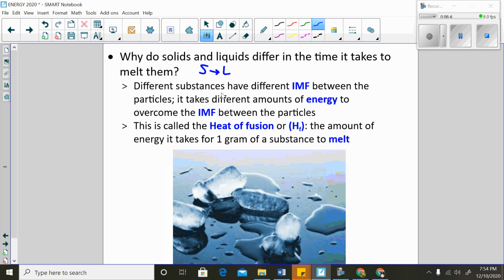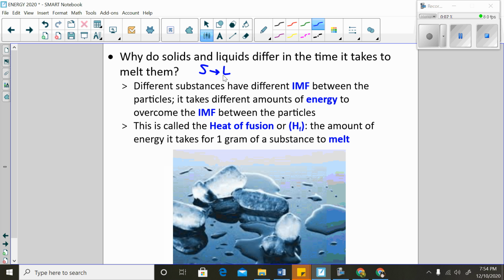Solids are different from liquids, and then there's different types of liquids, different types of solids. And if you remember, the forces were the dipole, the London, and the hydrogen bond. So it takes different amounts of energy to overcome those intermolecular forces between the particles. So you do need energy for solids to be converted into liquids, and vice versa.